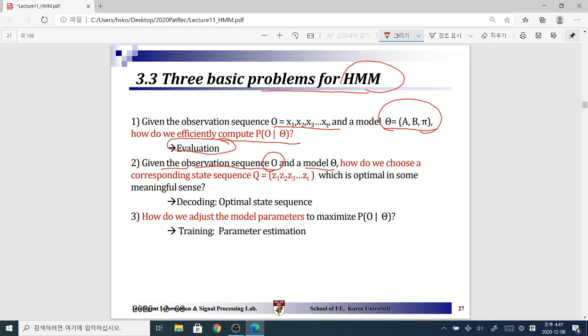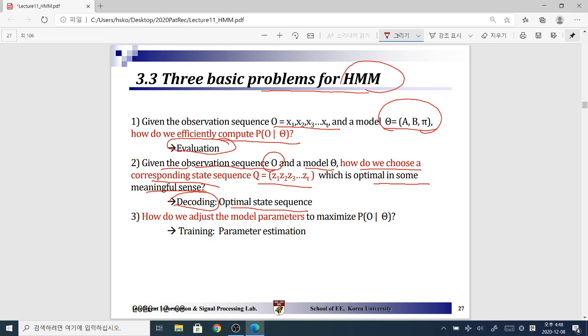Another problem that we can solve is that given the observation sequence O and the model, we can also calculate and obtain the corresponding state sequence, which is optimal in some meaningful sense. That's called the decoding process, or the task of obtaining the optimal state sequence.